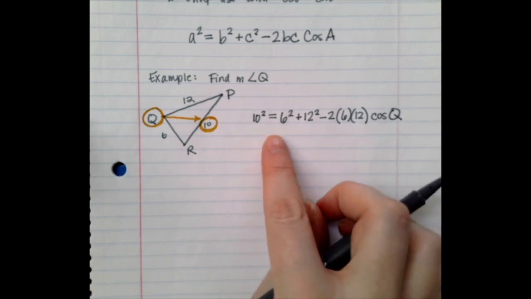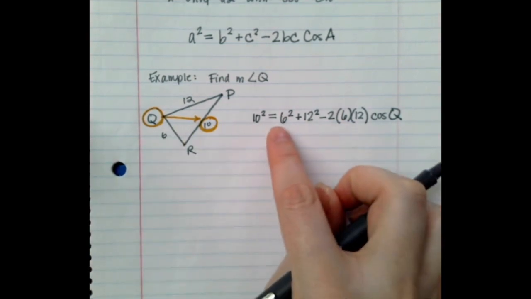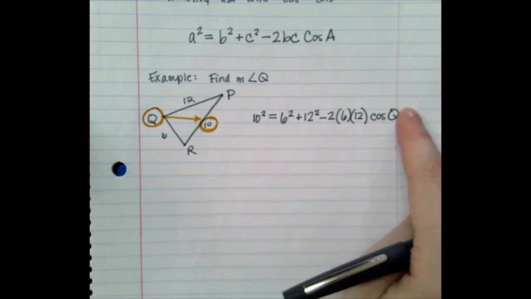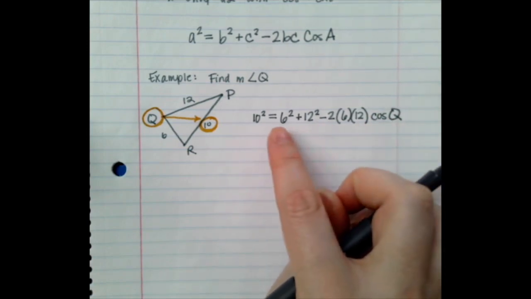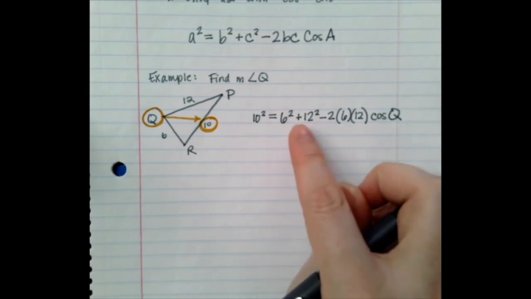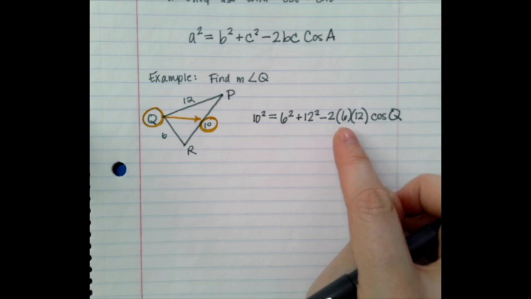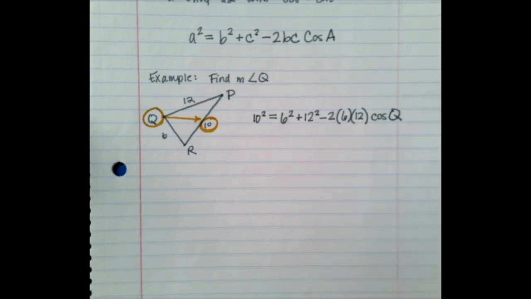Now the problem with angles is that we can't type this entire thing into the calculator because of this last part. We don't know this last part, so I can't just type this in. That means I'm going to have to use my PEMDAS steps and simplify this to get my answer of what the angle Q is.